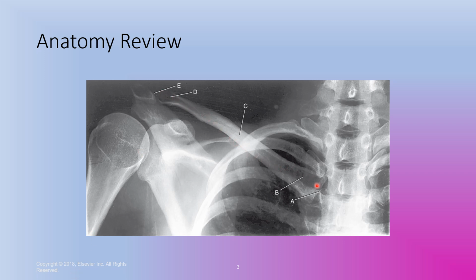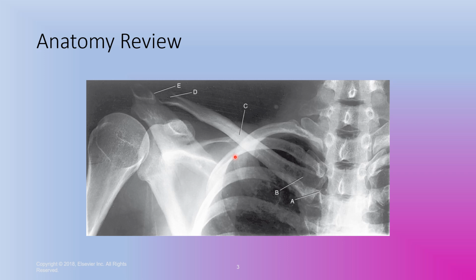As far as labeling, A represents the SC joint, between the sternum and the clavicle. B is the sternal end of the clavicle. C represents the body of the clavicle. D represents the acromial end of the clavicle. And E is the acromion process of the scapula.